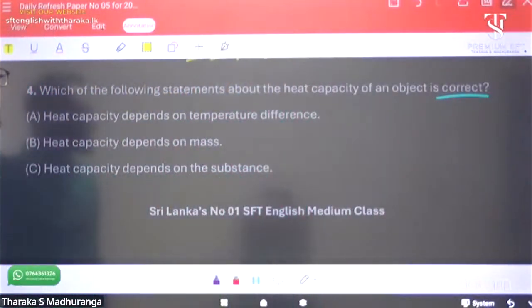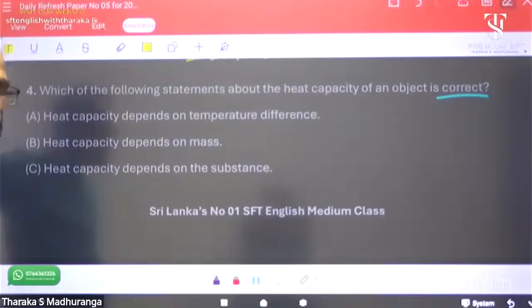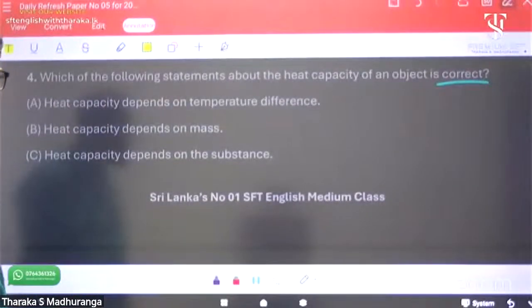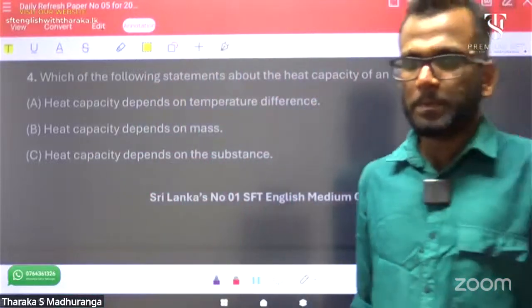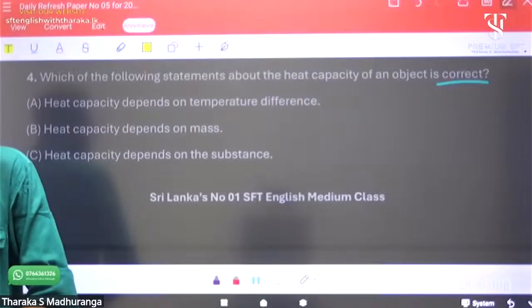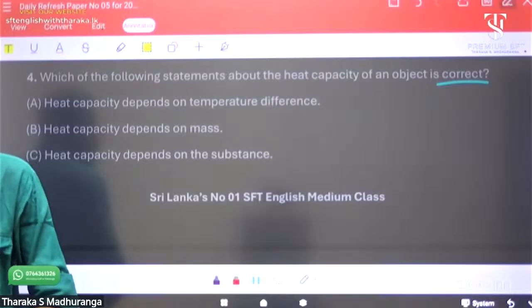Heat capacity depends on temperature difference. Is it correct or wrong? Dihini?